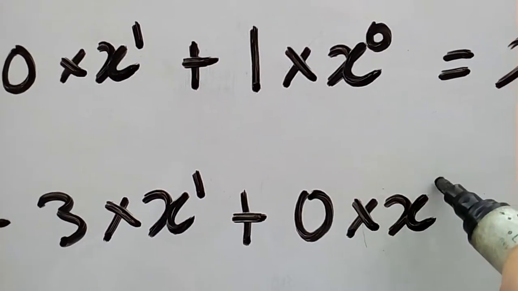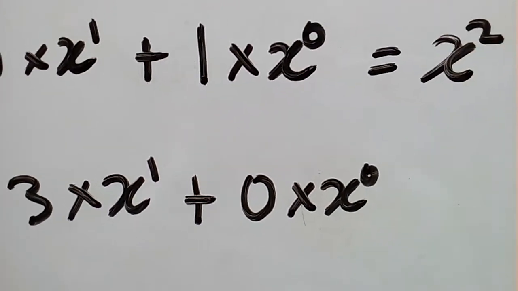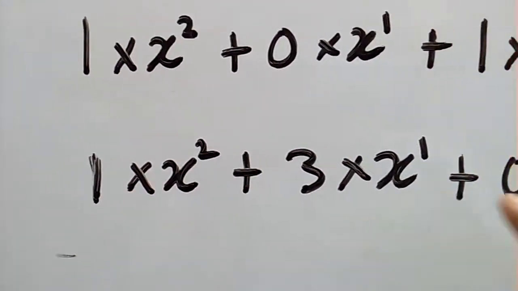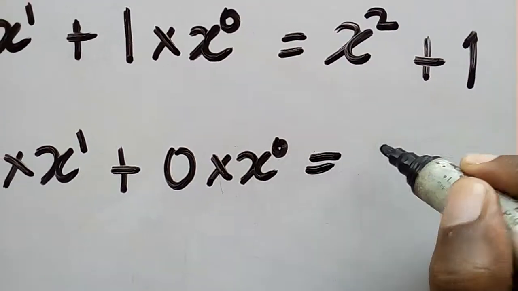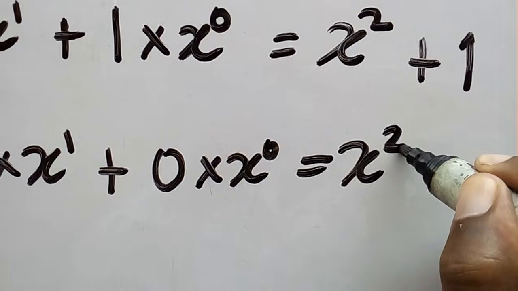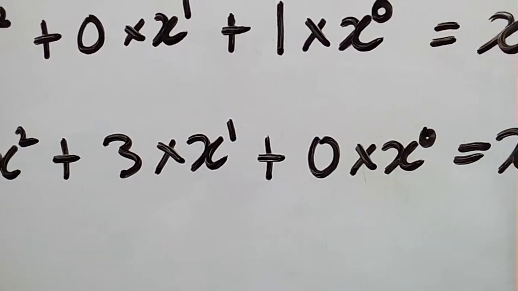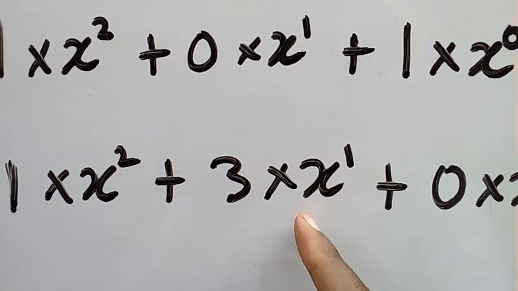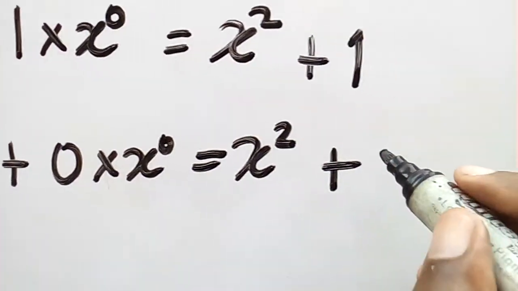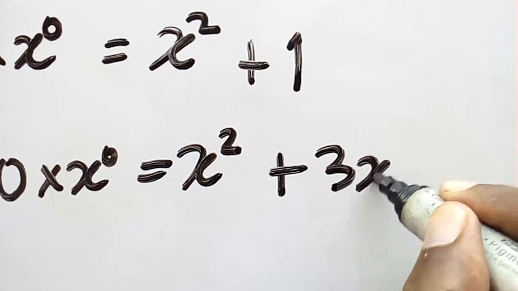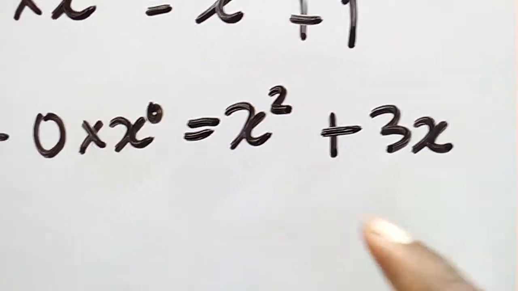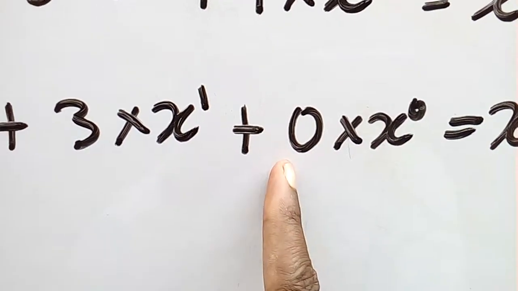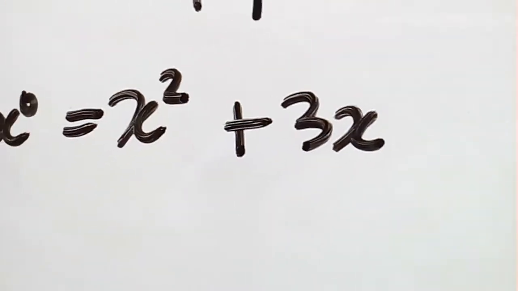Well, this one is as good as not being in the picture, right? Yes, I'm sure we know that. Okay, so it's gonna give us again x raised to the power of 2, plus this x raised to the power of 1 is x times 3. I would have 3x. Okay, and the last one, we know here is a 1, but once you multiply it by 0, we might as well not write it.